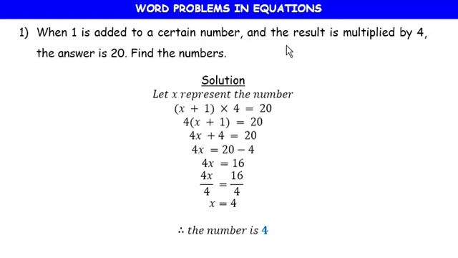And the result is multiplied by 4. So what is 5 times 4? Okay, let's continue. The answer is 20. Is that not true? Yes, because when 5 is multiplied by 4, the answer is obviously 20. So the number being 4 is correct, right?